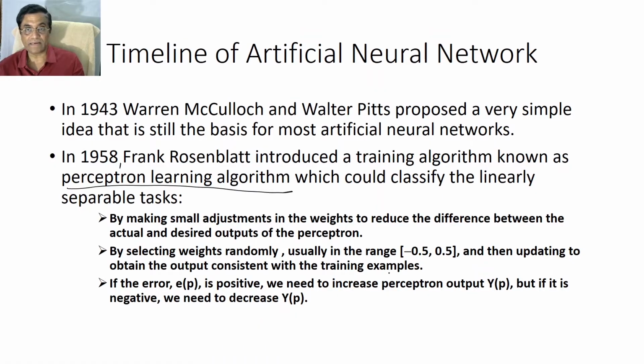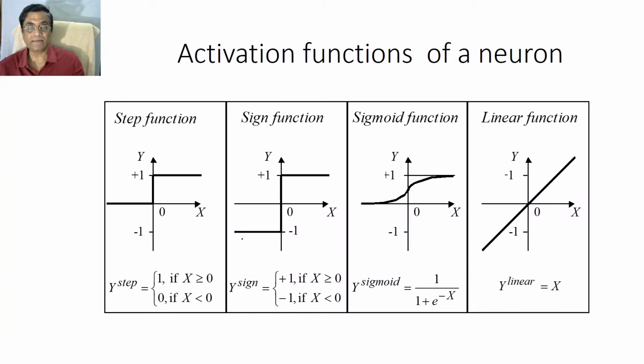Randomly selecting some weights, and then what I discussed, and then they tried several activation functions. I am talking about 1958, Frank Rosenblatt, having very limited computing power. He tried several transfer functions, also called activation functions.